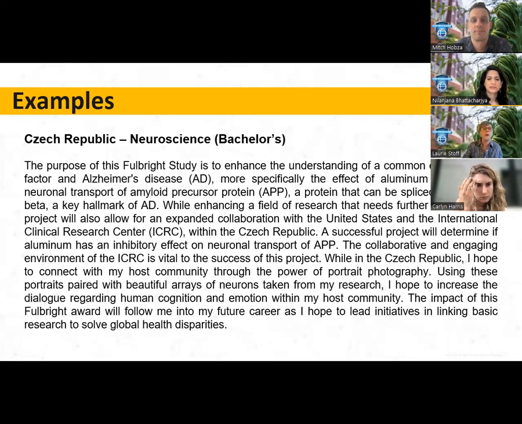But you'll notice they use this jargon, aluminum exposure on neuronal transport of amyloid precursor protein, which I'm like, what? But then they say a protein that can be spliced into amyloid beta, a key hallmark of Alzheimer's disease. Okay, so now I know this is a super important piece of the puzzle that we need to better understand in this disease, right?